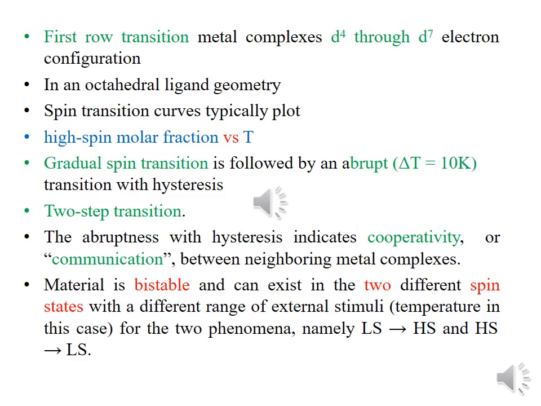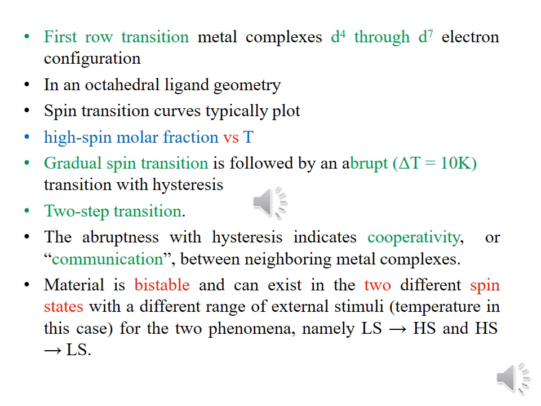The phenomenon of spin crossover is shown by the first row of the transition metal complexes, which have a configuration from d4 to d7 electrons. It also occurs in octahedral ligand geometry.